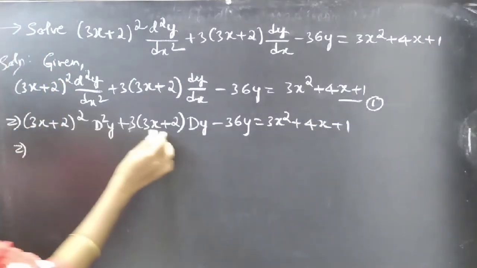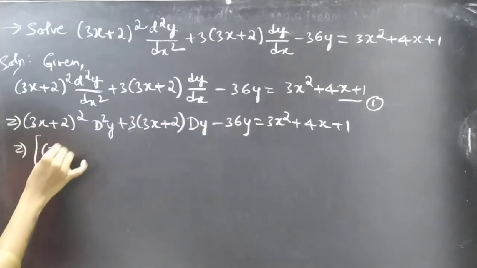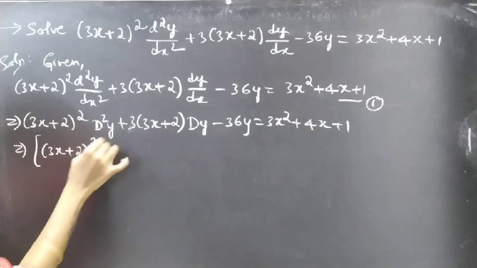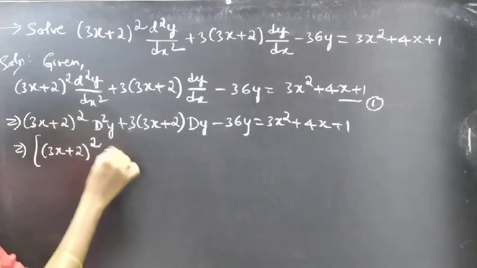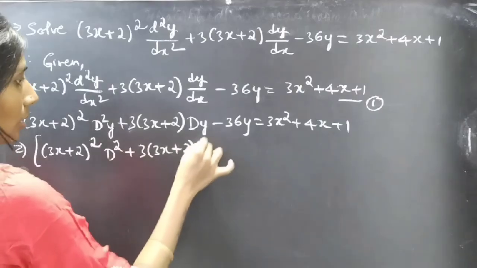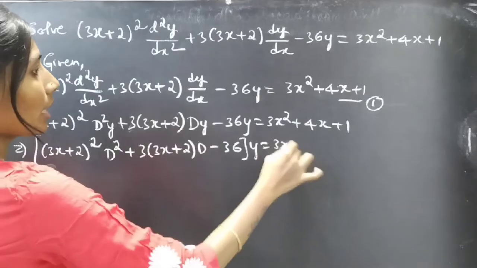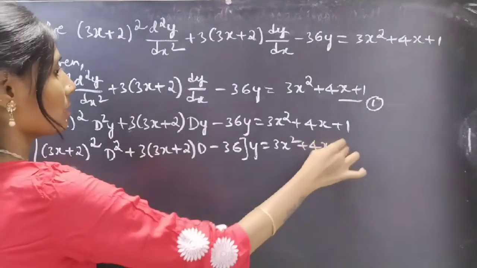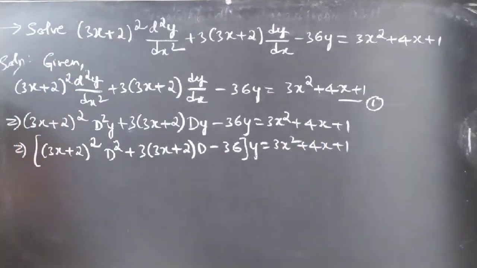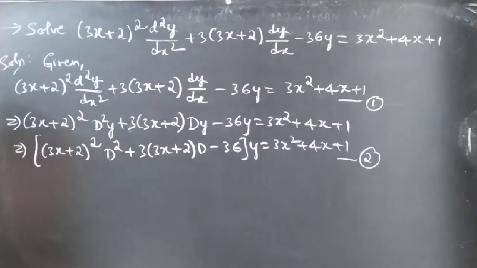Now take y common from all the terms of LHS. We'll get [(3x+2)² D² + 3(3x+2) D − 36] y = 3x² + 4x + 1. Okay. Now consider this equation as equation number 2 for our convenience.